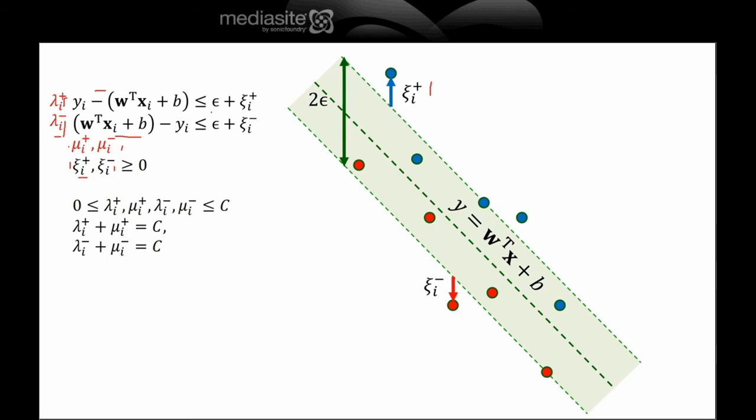And then we have derived these expressions. So both the lambdas and the mu's are all dual variables. They are all between 0 and c. And furthermore, lambda I plus plus mu I plus is equal to c, and lambda I minus plus mu I minus equals c.